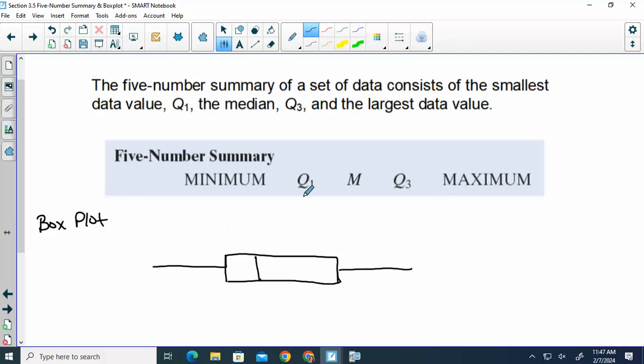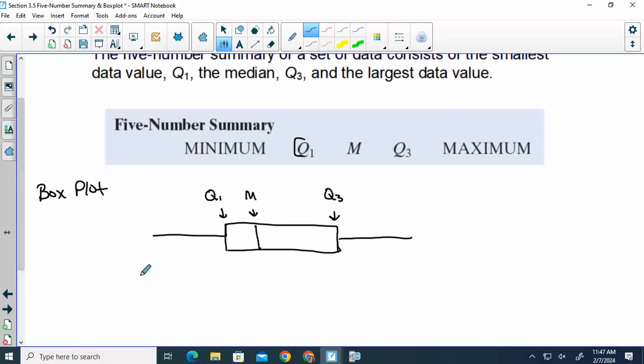The box begins at your quartile 1. The line in the middle is my median, or quartile 2. The line at the end is my quartile 3.